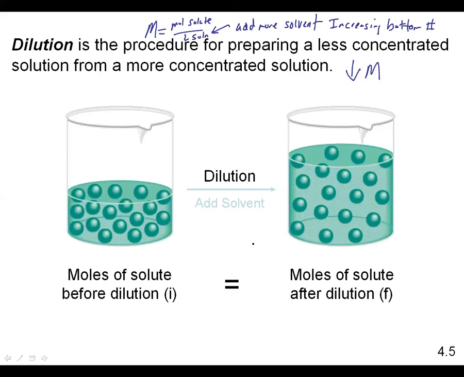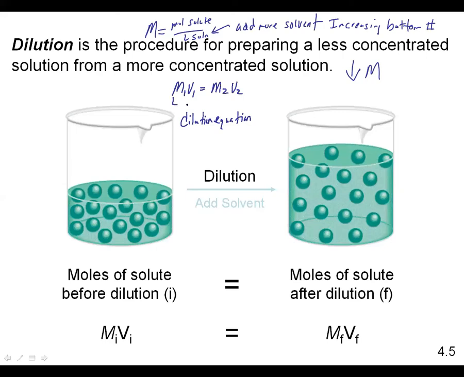And there is a dilution equation, which is down there. And most people refer to it usually as M1V1 equals M2V2. And this is usually the dilution equation, which is basically what's on the bottom there.